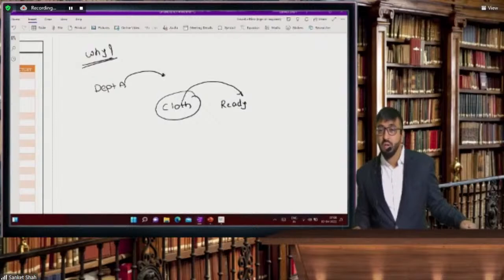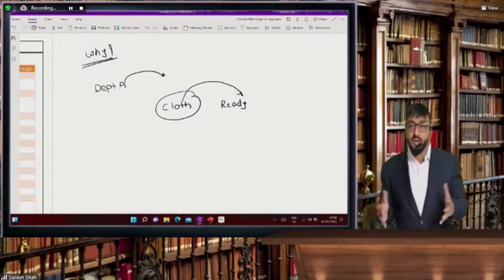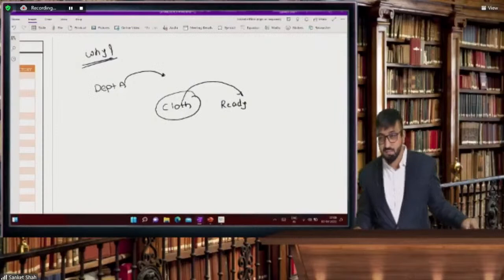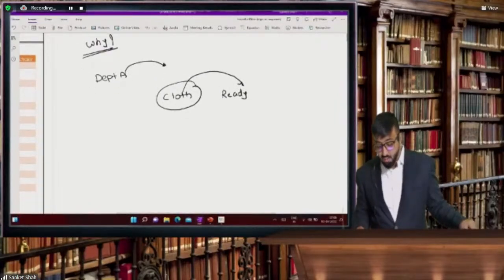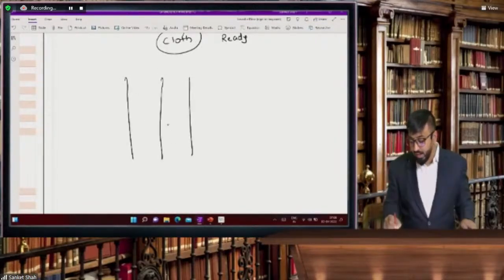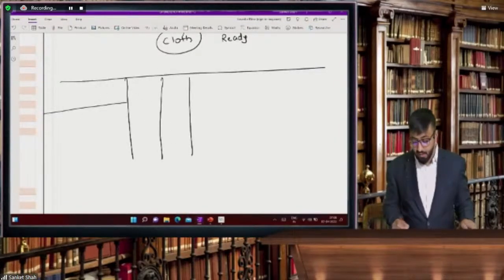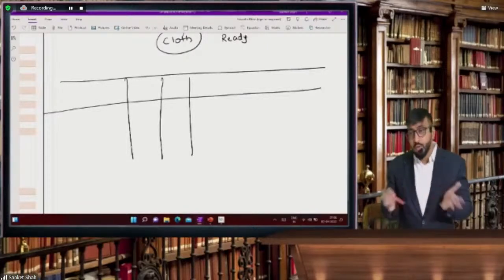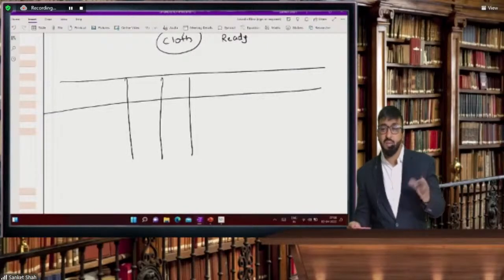Every organization may have separate departments, and we have to find out different profits. But sir, this is a very simple question. What are we going to do? We will draw the trading and P&L account of 2 departments, 3 departments, maximum 3 departments in the exam.